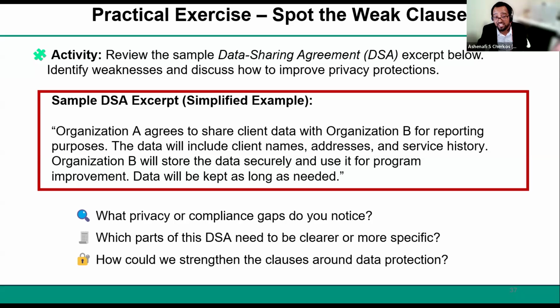I'm going to proceed to the next slide to show you what was missed. The common weakness, as Connie said, is that the purpose was not clearly described. As long as needed is vague, it's not specific enough, so it must specify the purpose in specific terms.